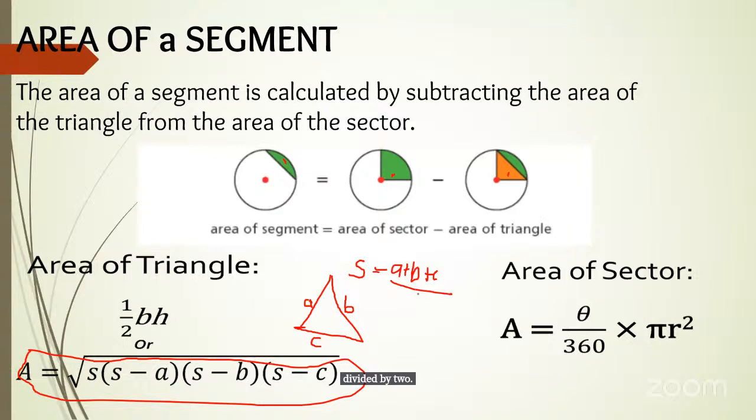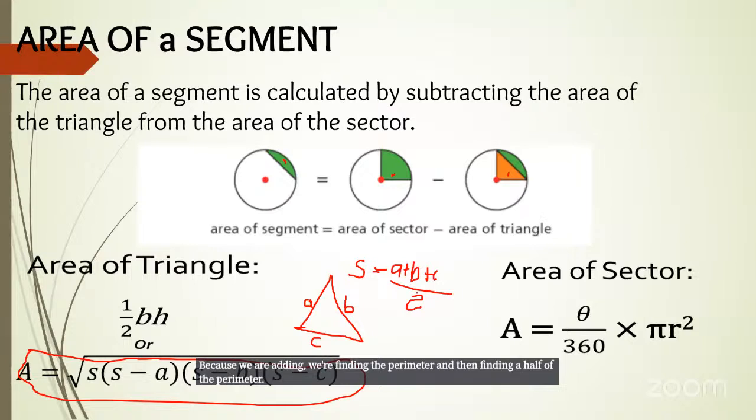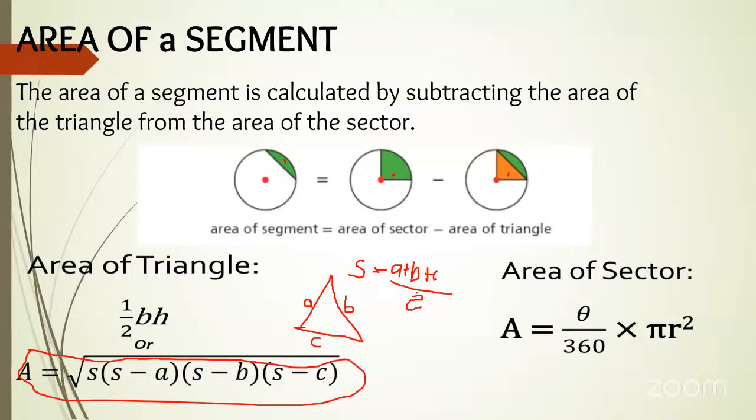And that's why it's called the semi-perimeter. Because we're finding the perimeter and then finding a half of the perimeter. So that's how we come about the S.